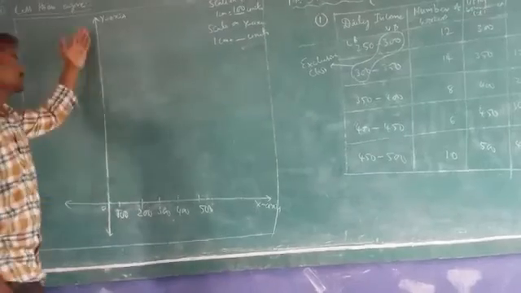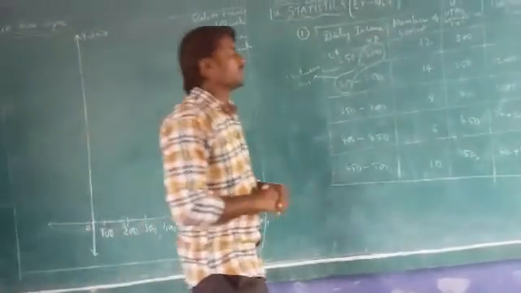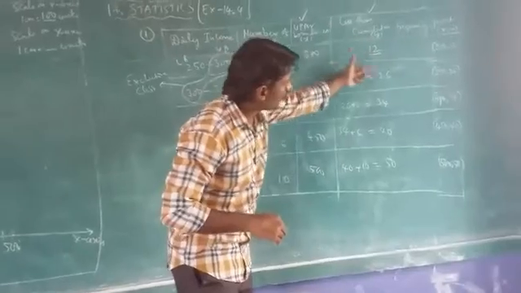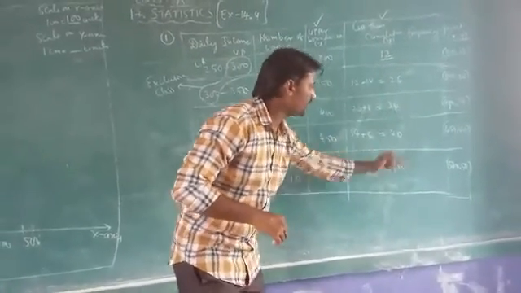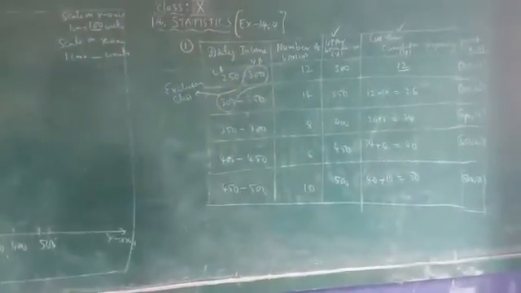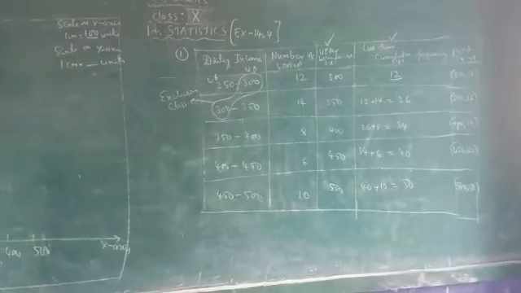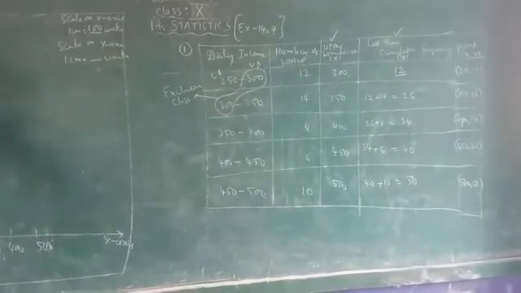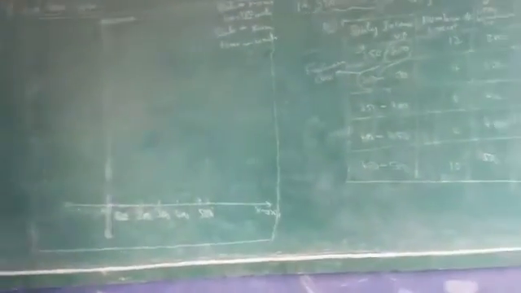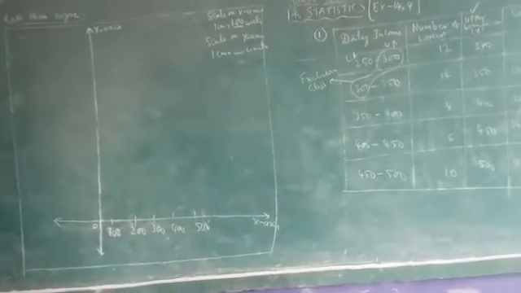On the y-axis, check once what is on the y-axis. The highest value in the frequencies here, that is 12, 26, 34, 40, 50. Highest is 50. So can we take 2? If suppose 25 are there, you can take 2 as the class interval. Otherwise, you can take 4 also.